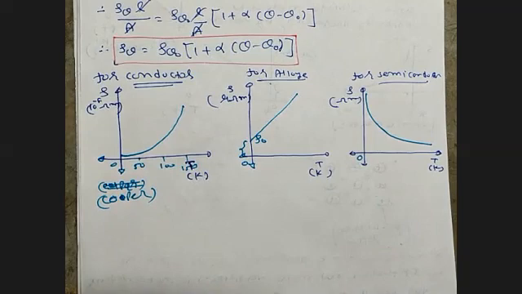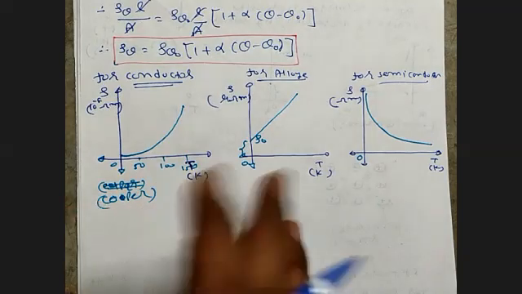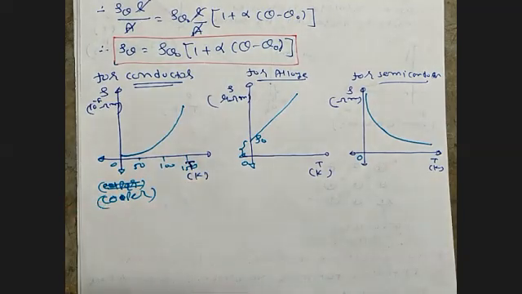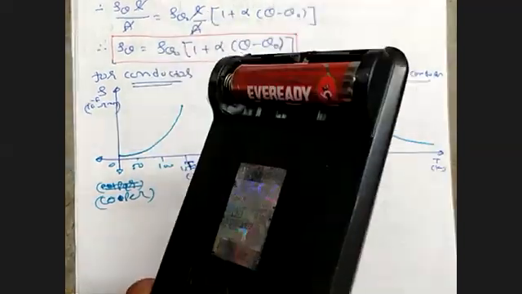Now, resistivity and resistance depend upon the temperature. So in the real world, you see that in every single circuit, a value of resistance arises. For example, take a simple calculator.